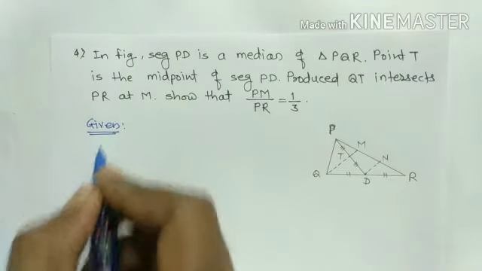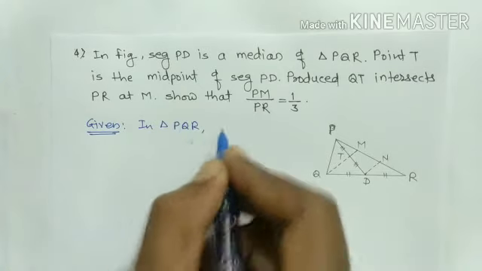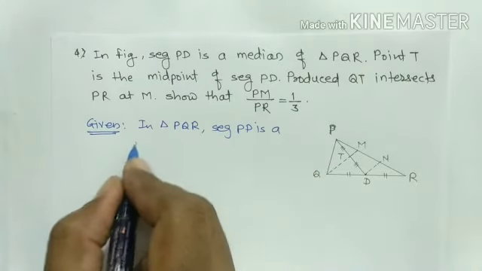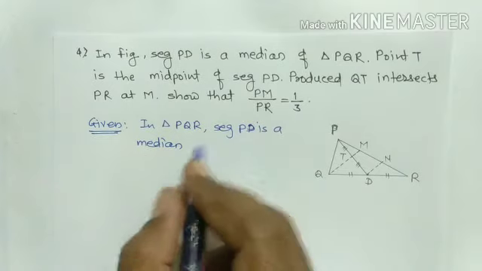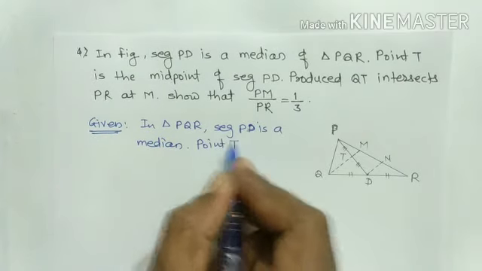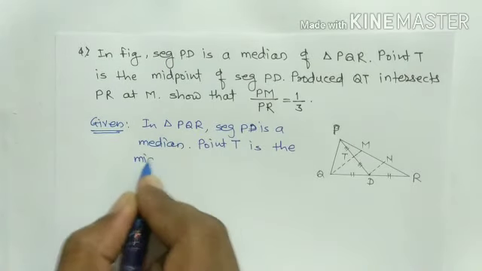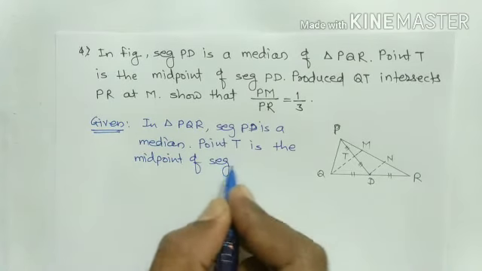Given: in triangle PQR, segment PD is a median. Then point T is the midpoint of segment PD.